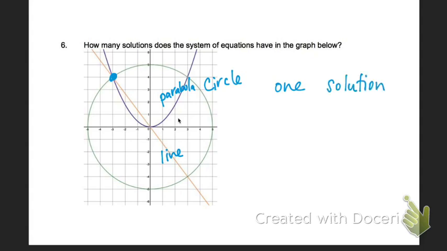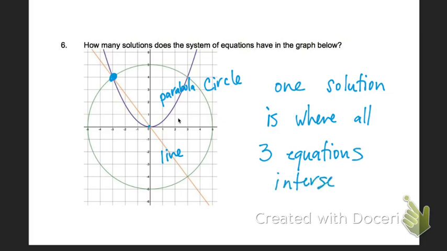But a lot of people say 2 because of this. One solution is where all 3 equations intersect. So you're looking where they all intersect, and they try to trick you because some people would say 2 or maybe 3 because of this one right here. Only one.